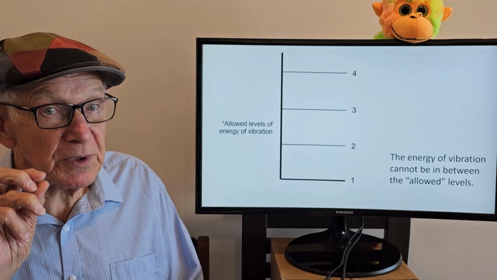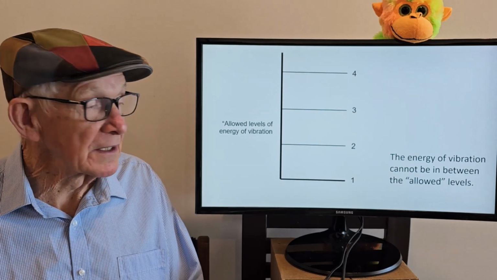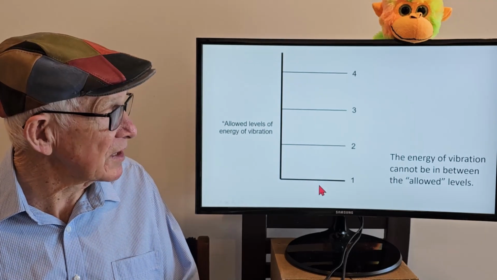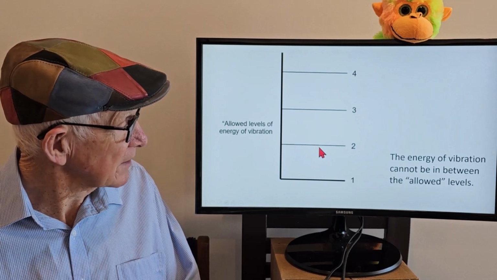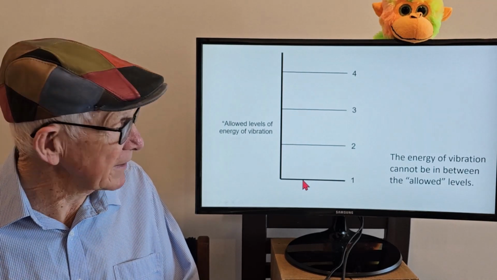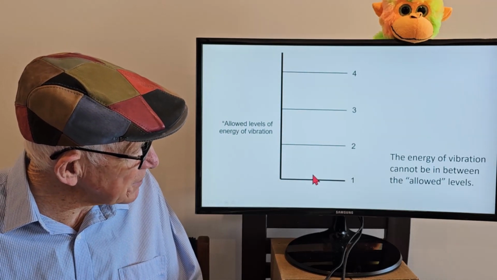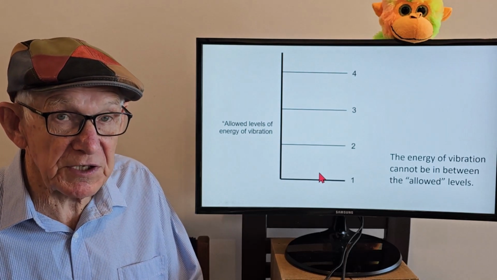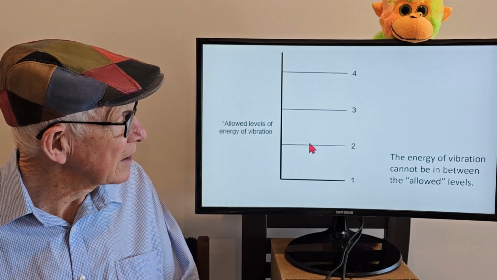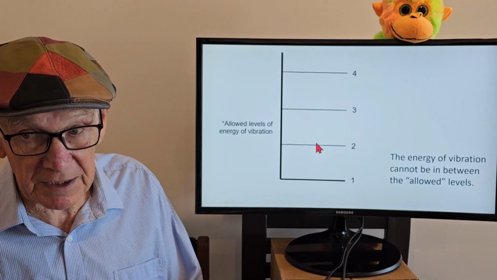The gap between the energy levels of rotation is very, very much smaller than those between vibration. And there's a set of rotational energy levels for every vibrational level. So for vibrational energy level 1, there's rotational energy 1, rotational energy 2, rotational energy 3, rotational energy 4, and for vibrational energy 2, there's rotational energy 1, 2, 3, much, much closer together.